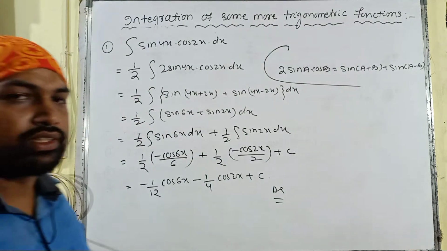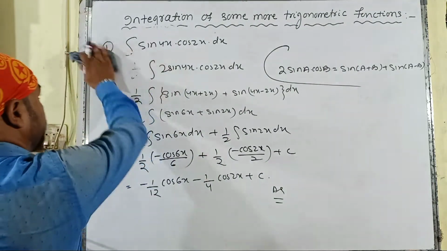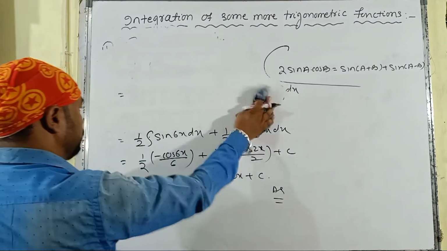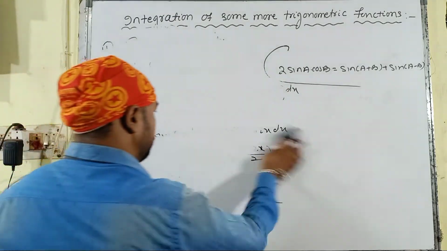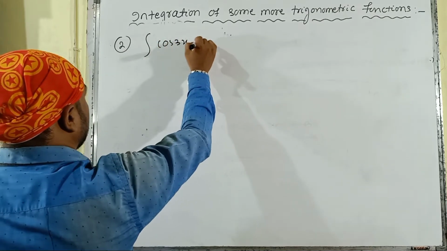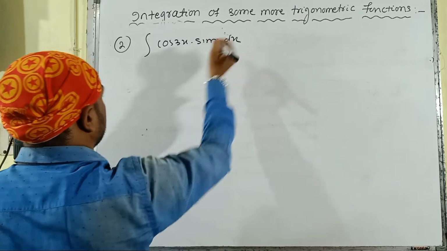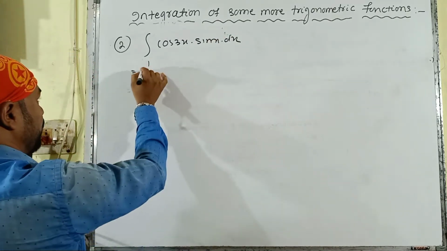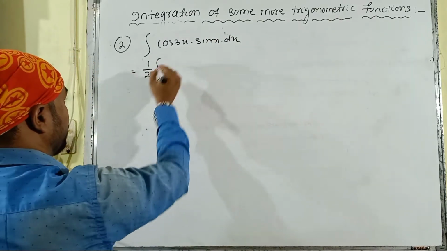Then moving to the second problem. Problem number 2 is integral of cos 3x sin x dx. As per the procedure, first of all we divide by 2 and multiply by 2 here.